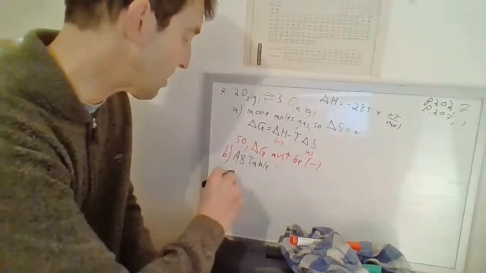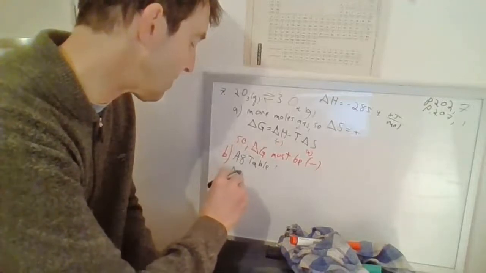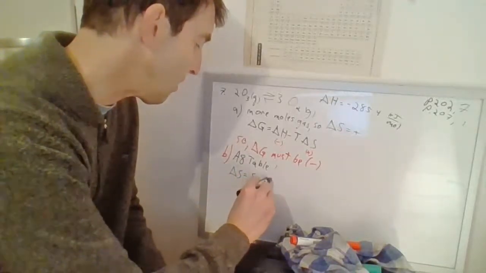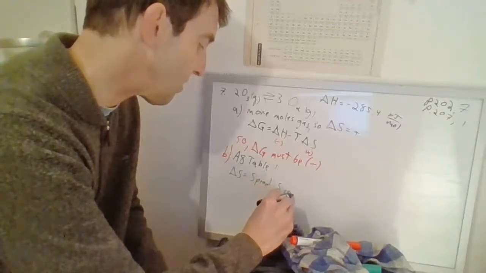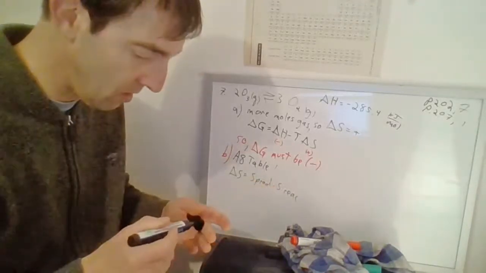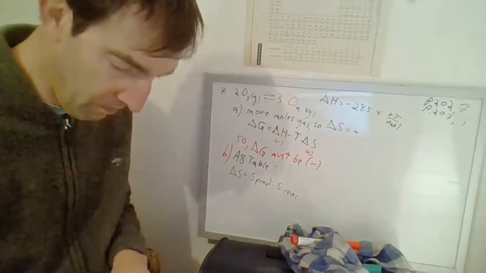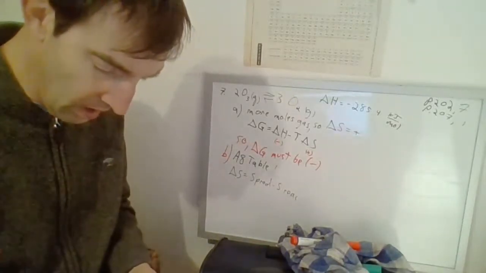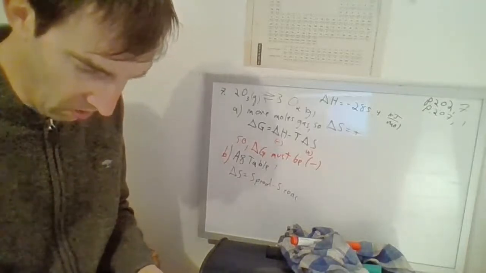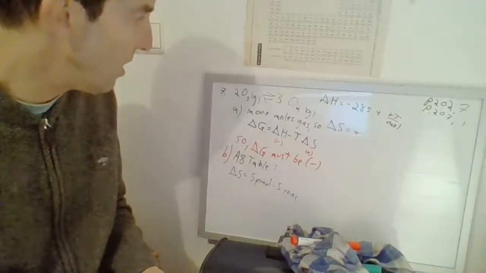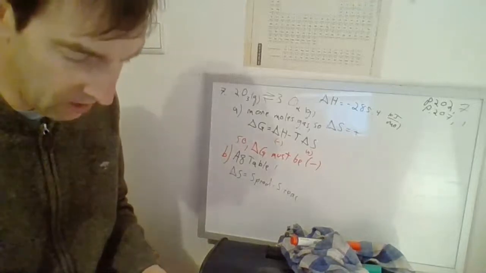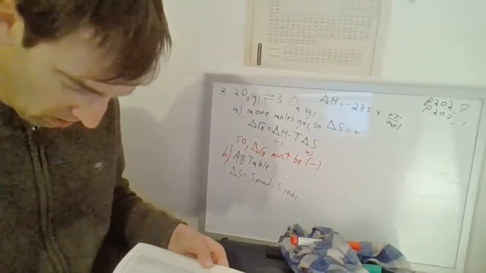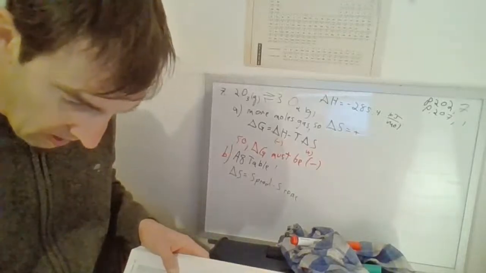So let's do the delta S. You ready? Here we go. Delta S equals S of the products minus S of the reactants. They only got one product and it's O2. Hello, O2, here it is.